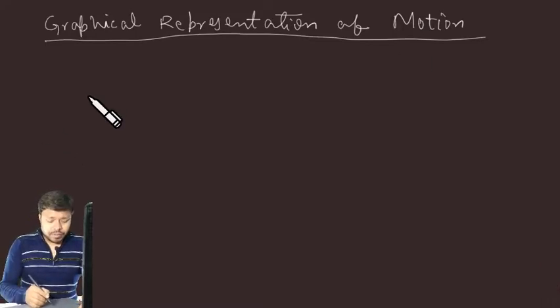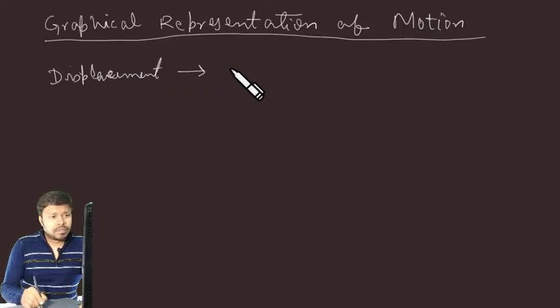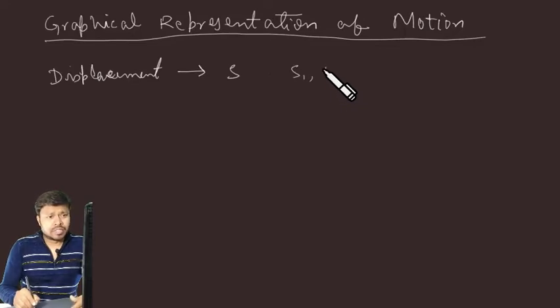Let's first write down the variables. What are the variables here? Variables are displacement, that we will be writing as S, generally written as S. S1 for the initial position and S2 for the final position or something like that.